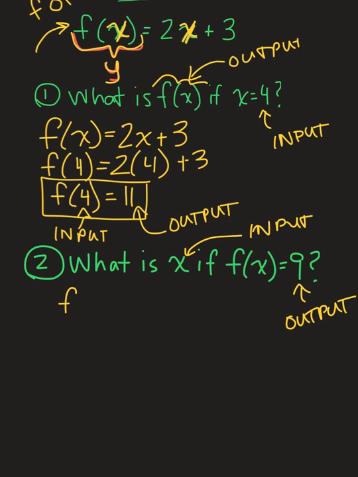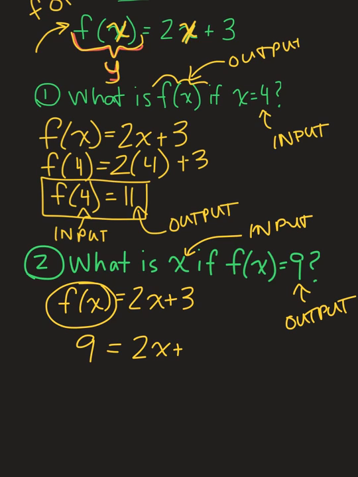So I'm still going to write my function. But this time when I go to rewrite it, I'm looking at f of x equal 9. So this whole thing will become 9. And I'll write the rest of the function. So this is an equation that we know how to solve. So I can draw my line. I'll perform inverse operations to isolate my variable.